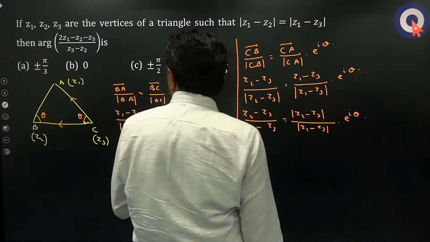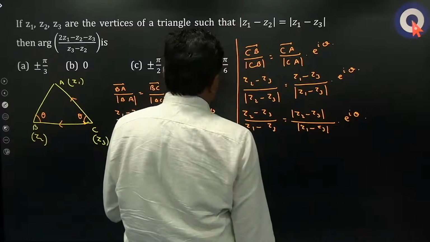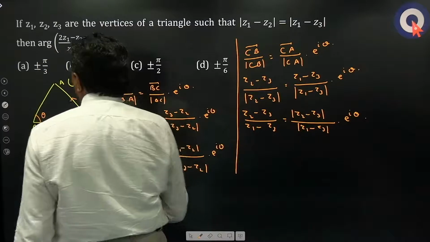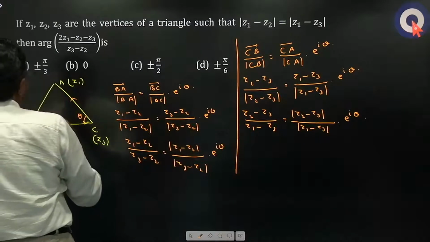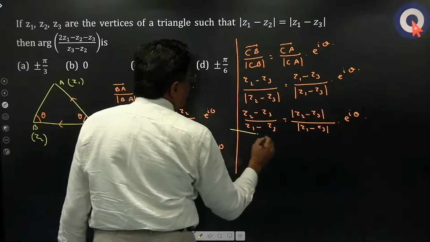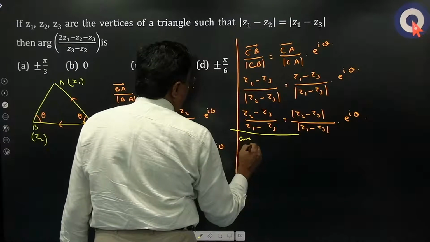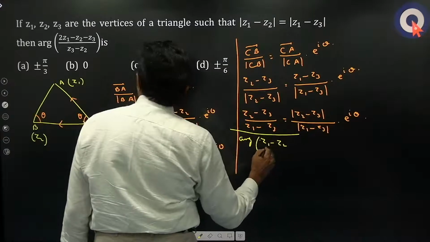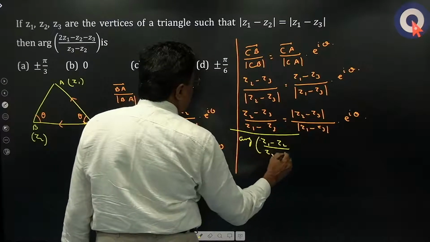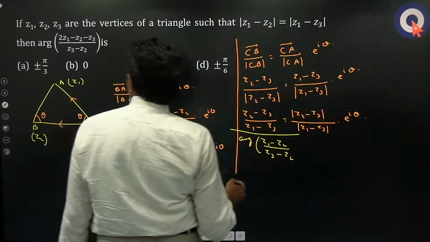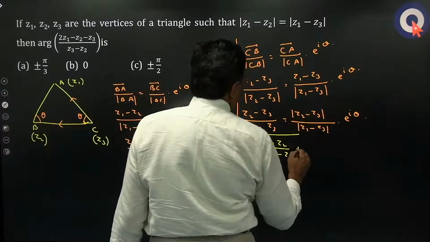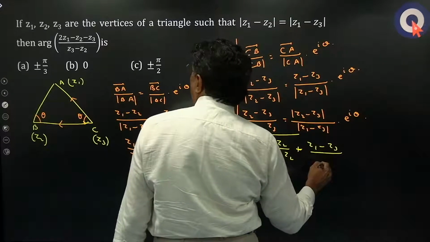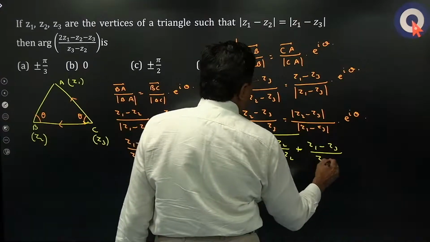Now let us look at what is actually required for us. For us, the argument of this is required. So what is required is the argument of Z1 minus Z2 by Z3 minus Z2 plus Z1 minus Z3 by Z3 minus Z2.